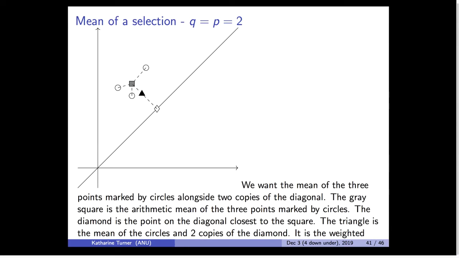Here I have a picture with three points, circle, circle, and circle, and I have a copy of the diagonal. The black triangle is going to be the mean of that selection. I'm thinking quite geometrically here: I'm taking a weighted average of the square, which is the average of the off-diagonal points, and the point closest to the diagonal, and that gives me my mean.